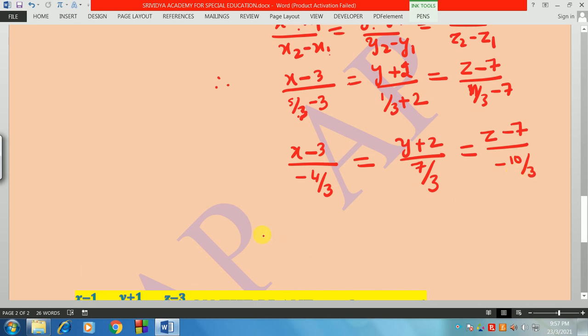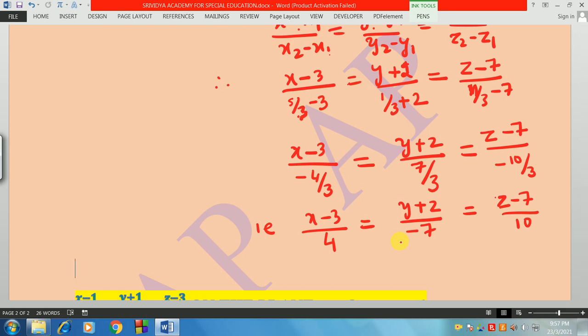So that is nothing but (x minus 3) by 4 is equal to (y plus 2) by minus 7 is equal to (z minus 7) by 10. So this is the required equation of the projection of the given line on the given plane. Thank you.